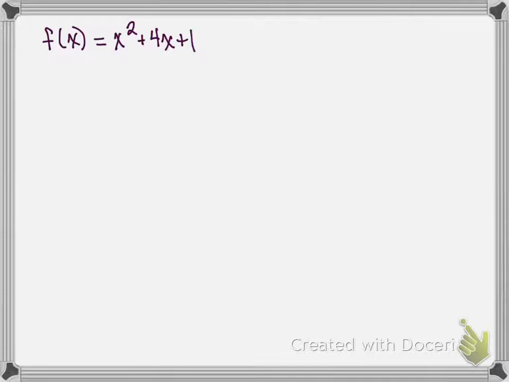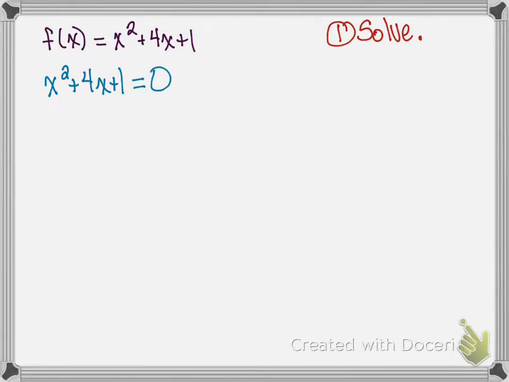The first thing that I'm going to do when I solve it, what do I have to set it equal to? 0. So I'm going to have x squared plus 4x plus 1 is equal to 0. So in order to solve it, I am going to set it equal to 0.